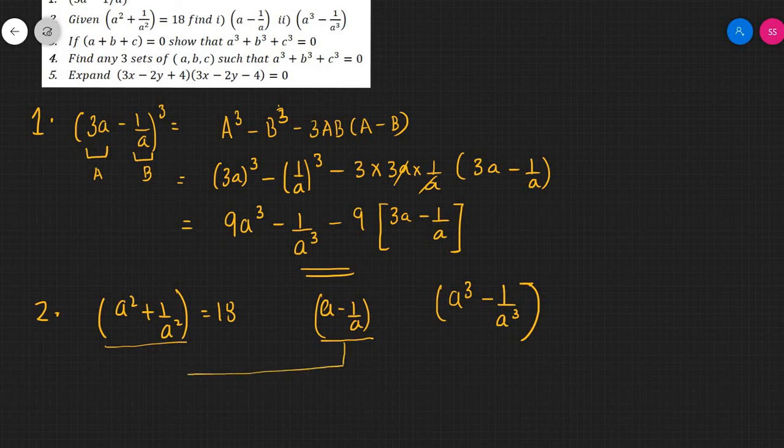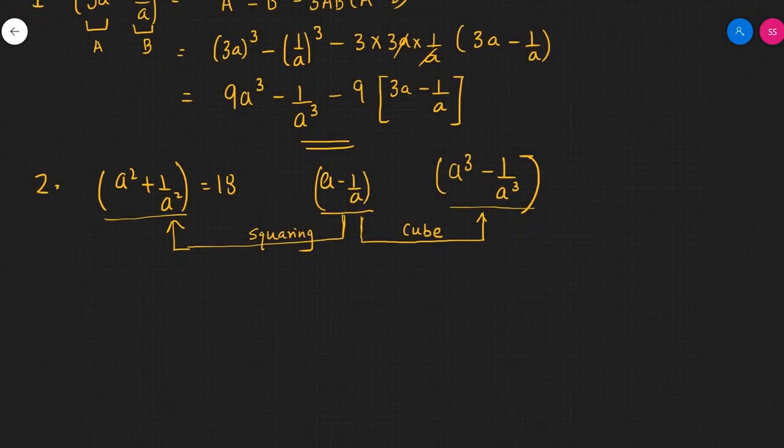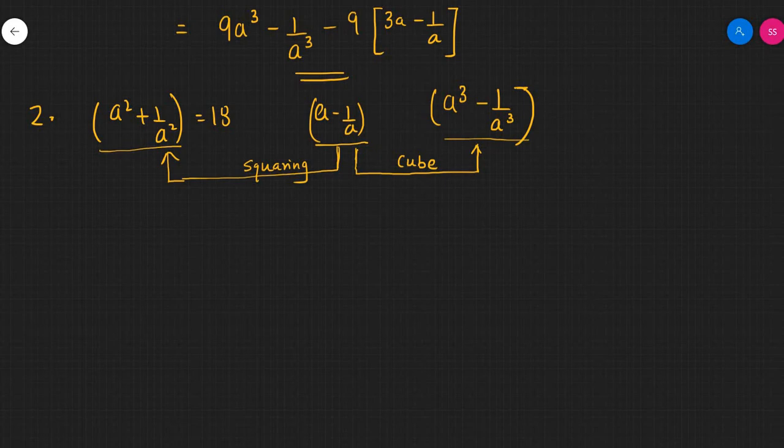To get from what you have to find to what is given, you just need to square it. And to reach the cube expression, you can go from your intermediate step and cube it. That's how you think. With this hint, you can pause this video here and try to solve this problem.